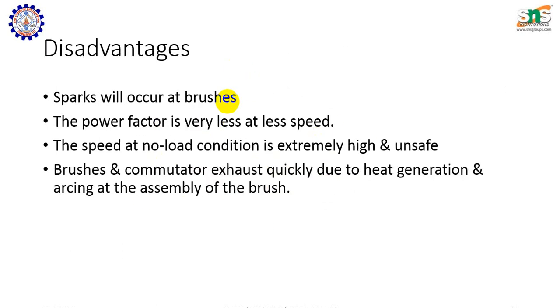Disadvantages: sparks will occur at the brushes, the power factor is very low at low speed, and the speed at no load condition is extremely high and unsafe. Brushes and commutator wear out quickly due to heat generation and arcing at the brush assembly. That is the important point to be noted with respect to a series motor.